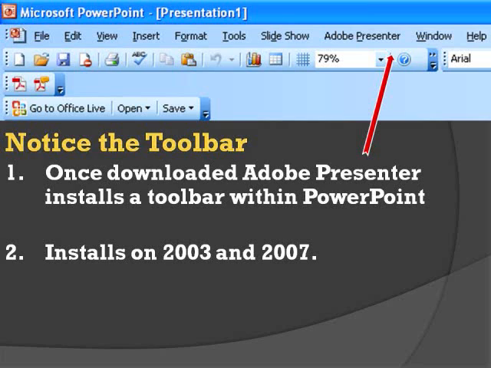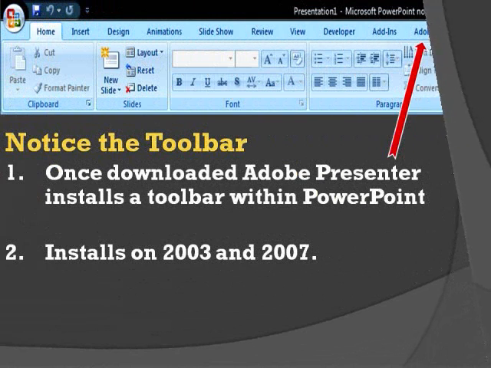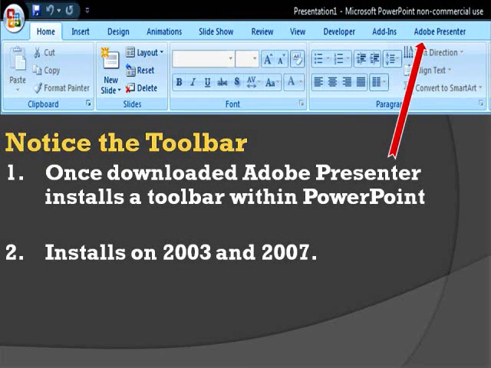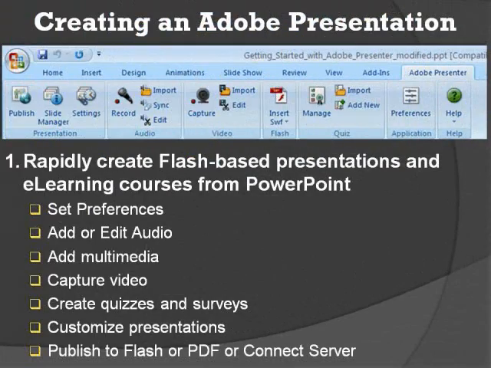It says Adobe Presenter, and when you decide to record an audio or video or both presentation, you would click on Adobe Presenter, and then it has its own set of tools that we're going to show you in just a few minutes. This is the 2007 PowerPoint toolbar, and once again it has Adobe Presenter up on top. You would just click on that, and this is what opens up.